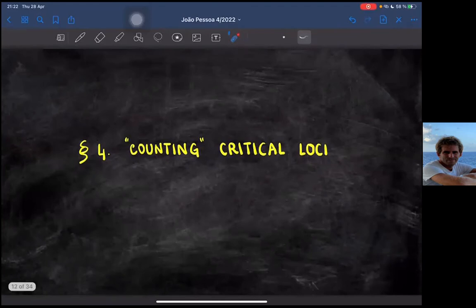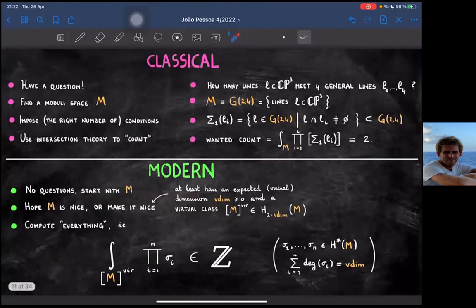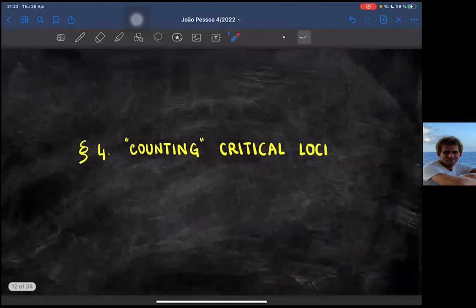Okay, so now I want to give you an example of counting and an example of this virtual dimension or expected dimension, because I understand it may look a bit abstract, but I will make it clear in a second.